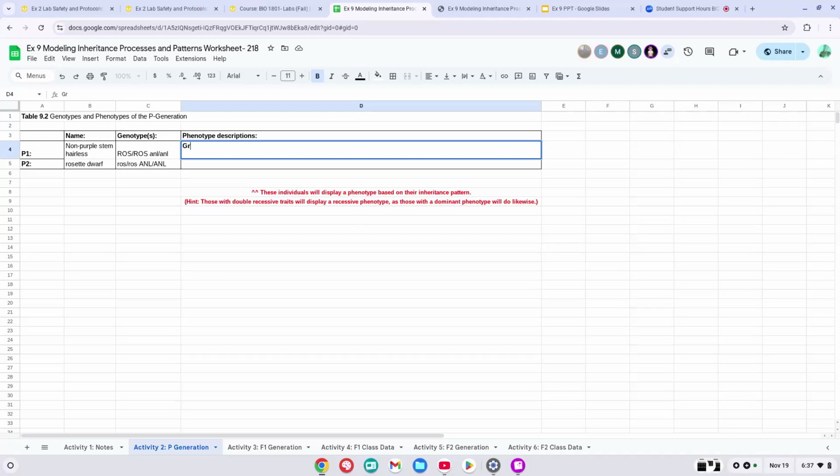So we've got a green plant. And then we've got ROS dominant, so they wouldn't be short, right? Yeah, they would be tall. All right, so these would be a green plant and tall.